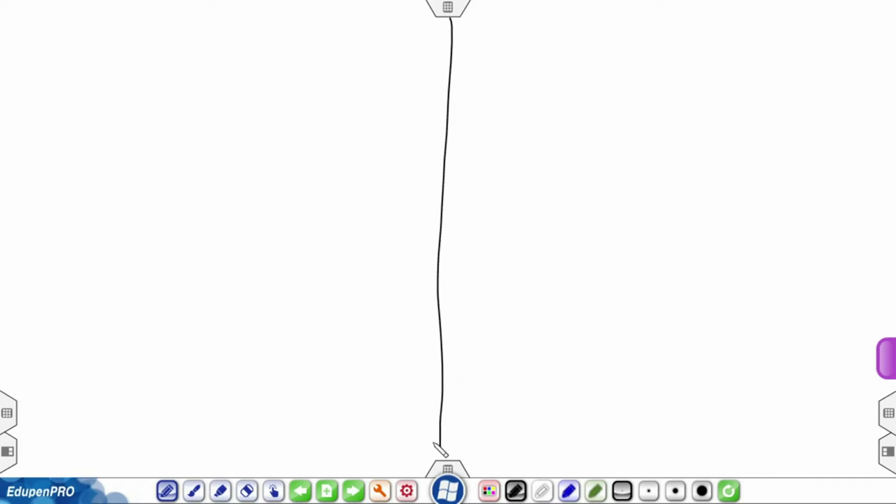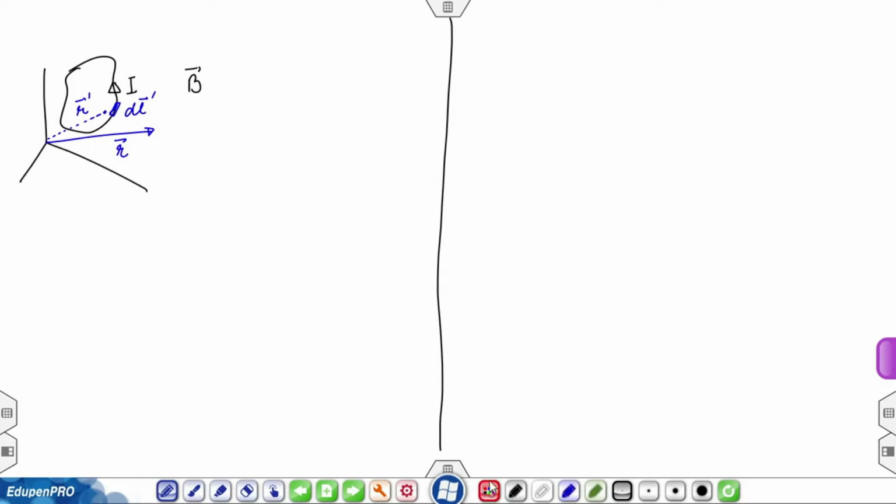So, given some loop where a current I is flowing, going around the complete loop, B at some point r is given by integrating over the loop. Take a small section at r prime. This distance is r minus r prime.